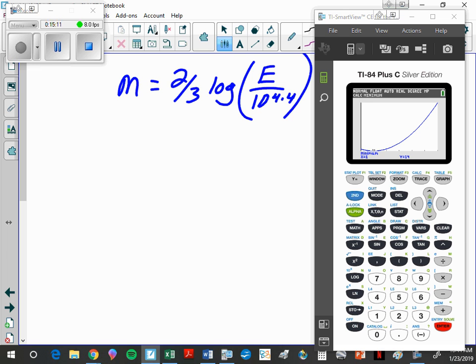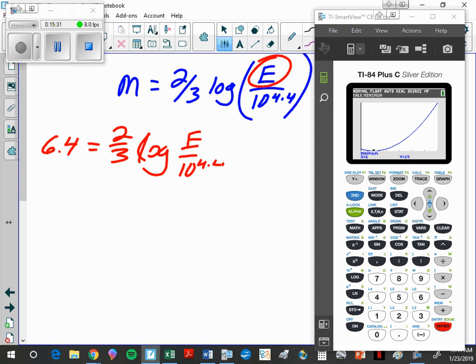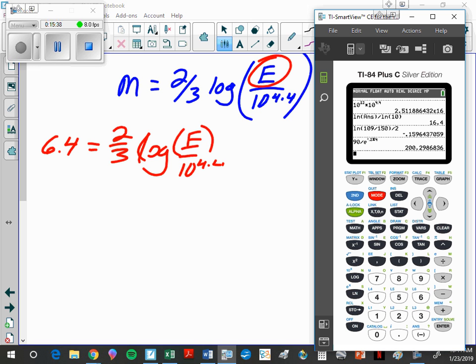No, it's going to be much, much more than that. So what we need to do is calculate E twice, one for 6.4 and one for 3.2. So 6.4 equals 2/3 log of E over 10 to the 4.4. So I'm going to times this by 3 over 2.